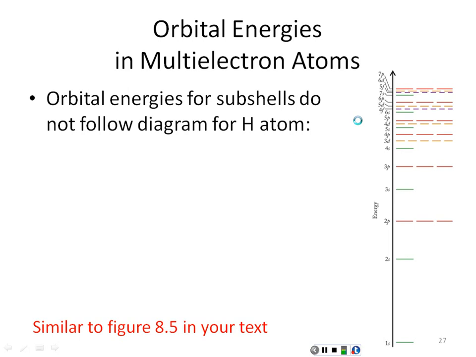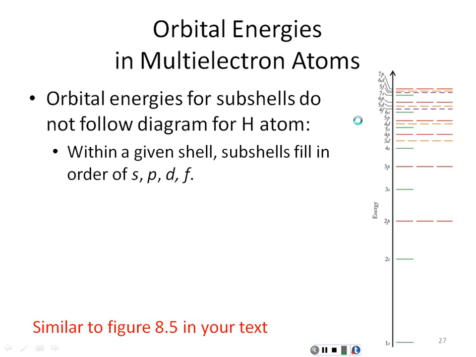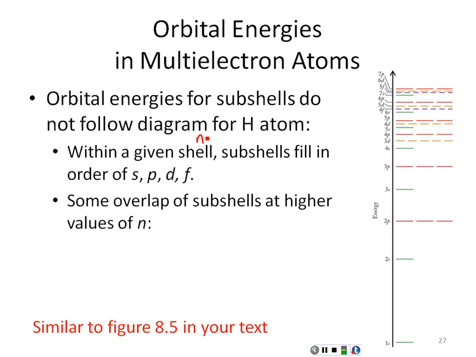This is a figure where the y-axis represents energy, and this is where all the sublevels lie with respect to one another. It's similar to figure 8.5 in your text. Within a given shell, that is, within a given principal quantum number, the subshells fill in the order of S, P, D to F. But as you can see up here, at higher n values, higher shell levels, there starts to be some overlap.